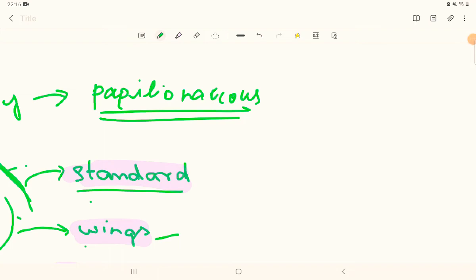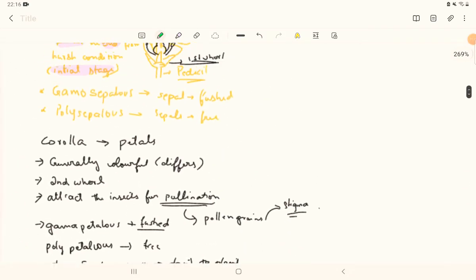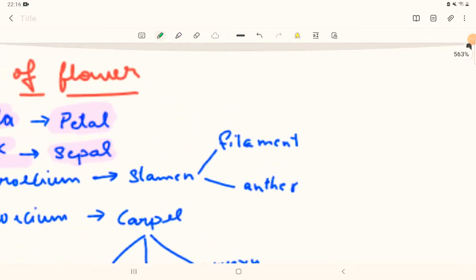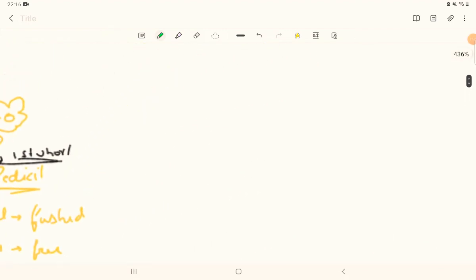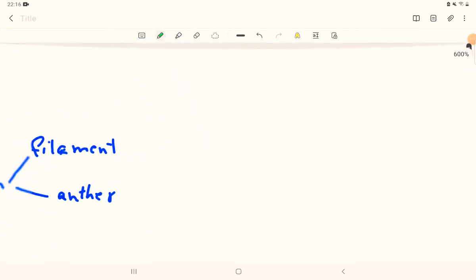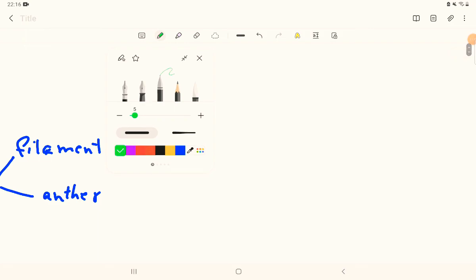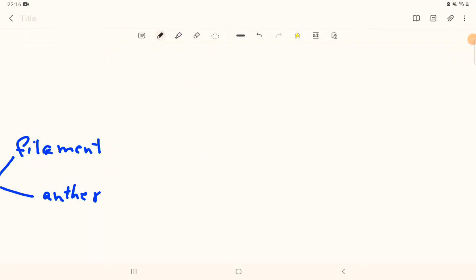Next we'll study a few terms before entering into androecium and gynoecium. Here there's another condition, like gamopetalous and polypetalous. We have one more condition, called perianth, or we can say tepals.